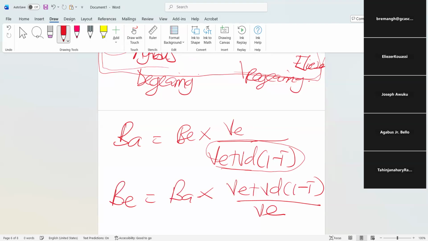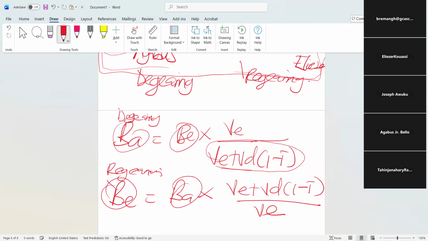So the one down is when you are re-gearing, putting back the debt. The first one is when you are de-gearing, taking the debt out of the gearing. So know the formula.